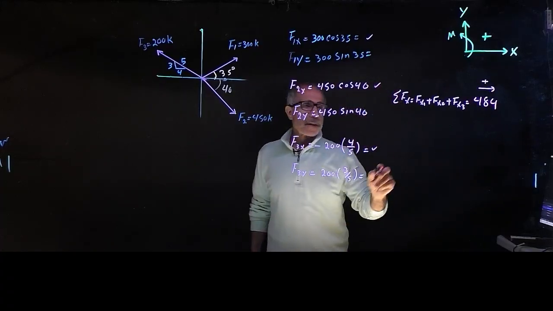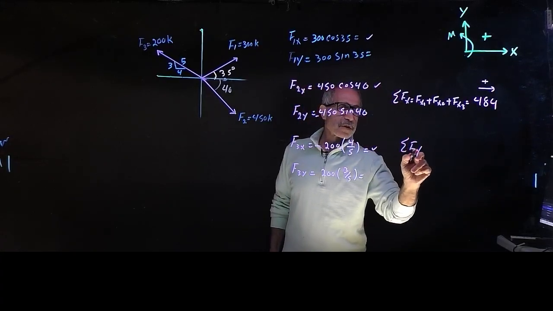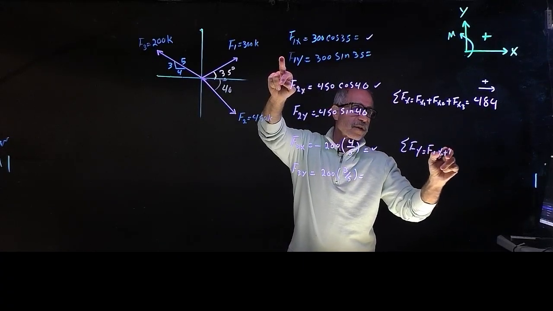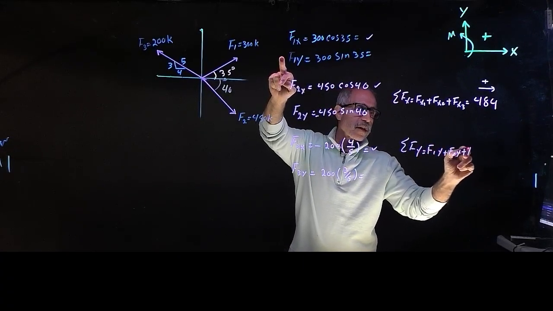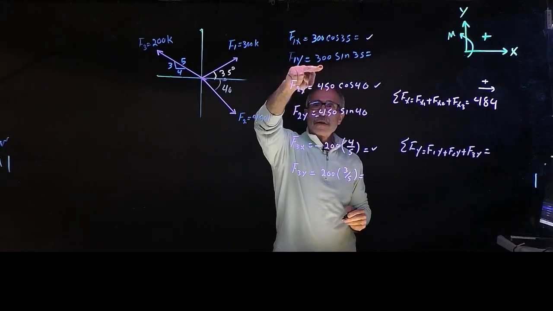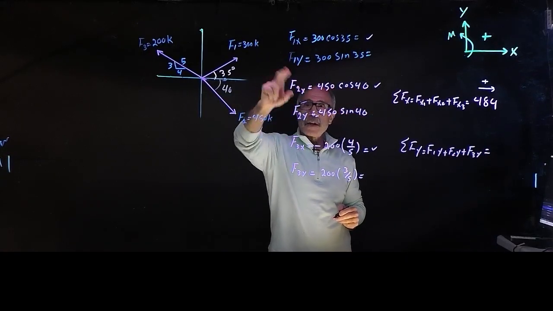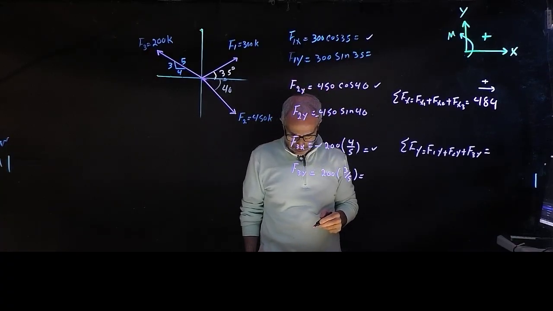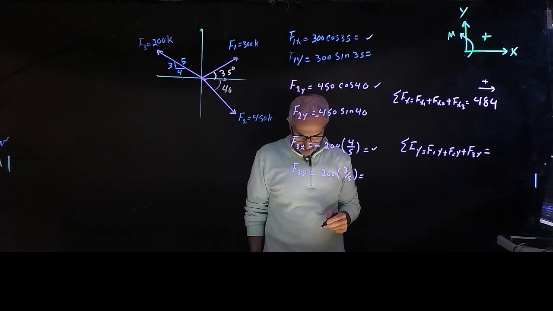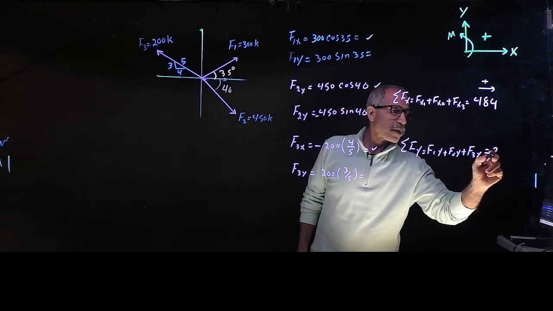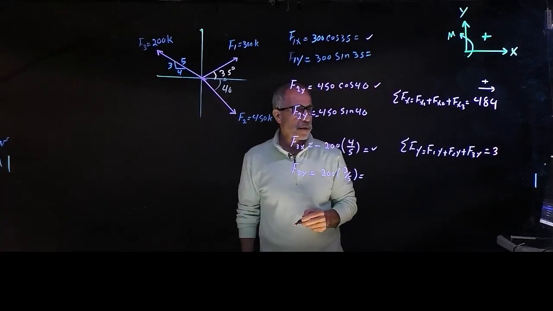Then I do summation Fy, which is basically taking F1y plus F2y plus F3y, and it's this one. You can do it on the calculator, and I did that. That came out to be 3. I'm rounding up, maybe 281.